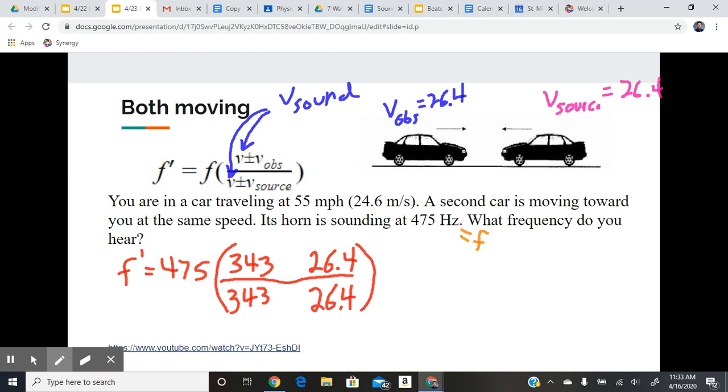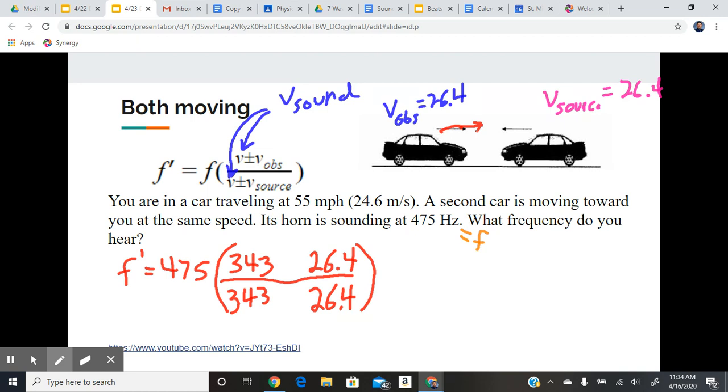Okay, well, what I want you to think about is this just kind of goes and combines those two problems before that we were talking about. So if you as the observer are moving towards the source, okay, well, what did we say if you, the observer, is moving towards the source?